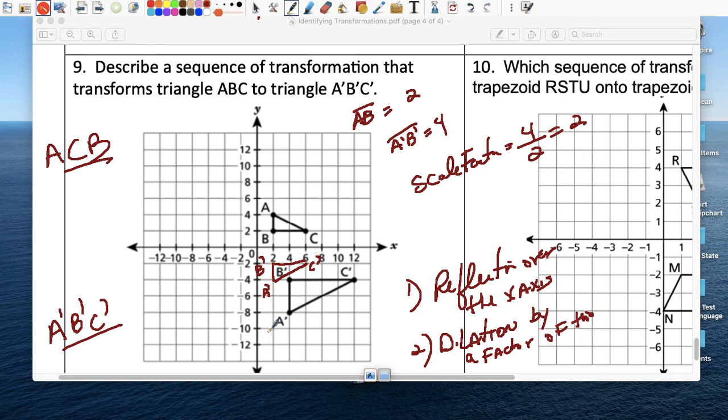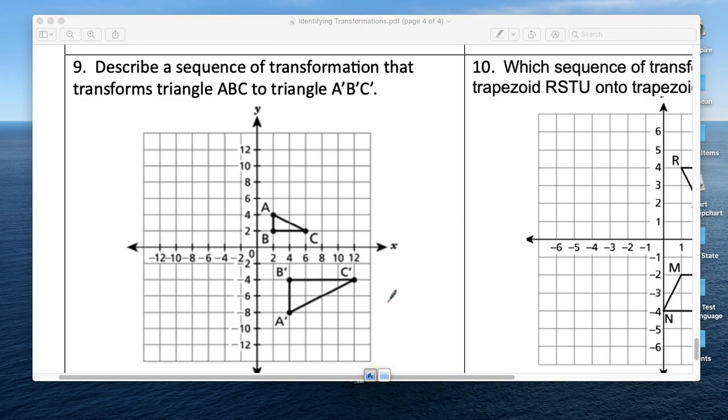So that's the figure of the triangle after reflection. Then if you look at the distance B is from the origin, it's 2 to the right and 2 up. So B prime is actually 4 to the right and 4 up. Notice that the distance to the origin has doubled. So it's a reflection over the x-axis and a dilation by a factor of 2.